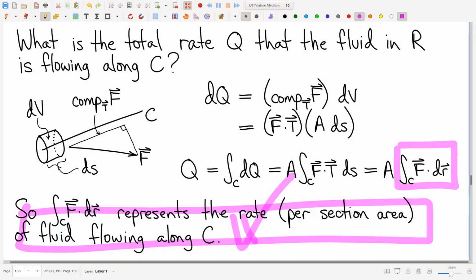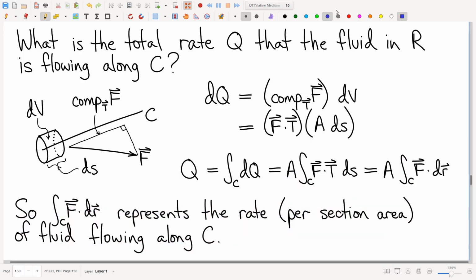So make sure that you digest this result. I think the argument justifying it is satisfying, but you definitely need to make sure that you digest this interpretation of vector line integrals, again with the understanding that our vector field, in this case, represents the flow of a fluid.